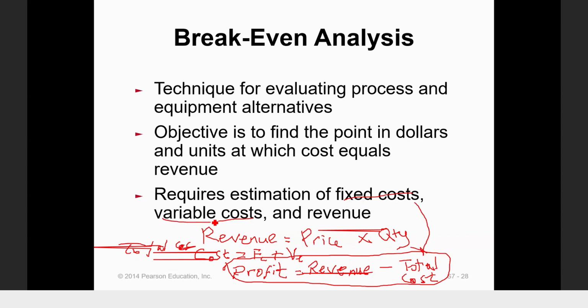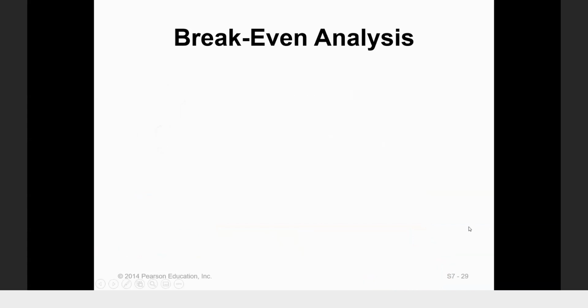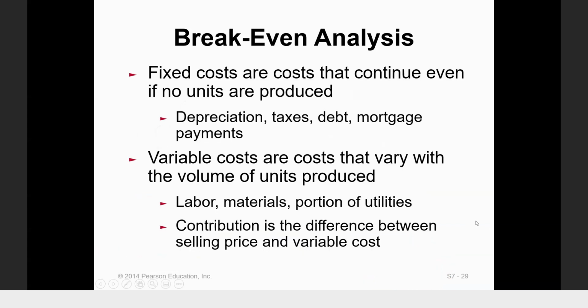Okay, what are examples of fixed cost and variable cost? Okay, fixed costs. What are the fixed costs? Fixed cost is coming from, for example, building costs.